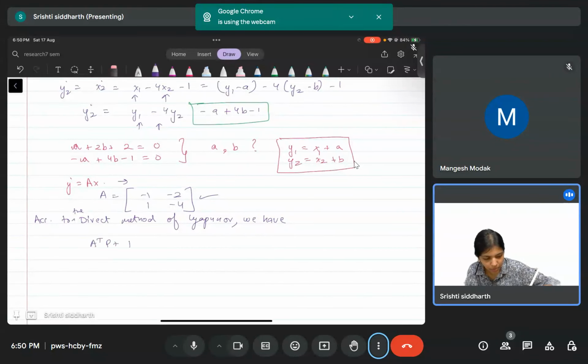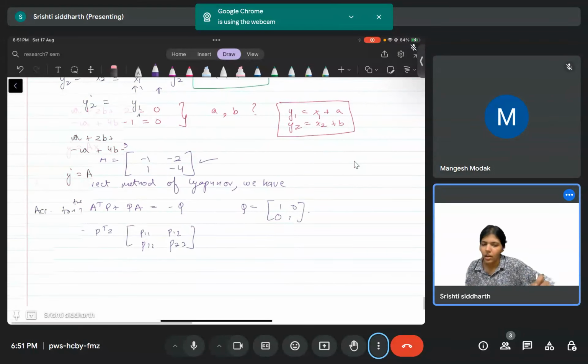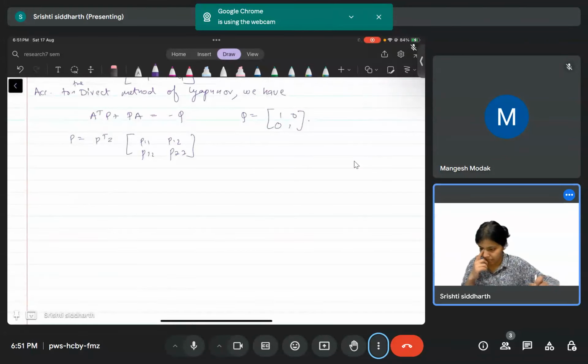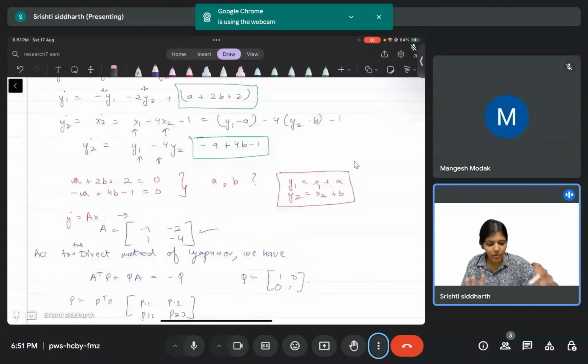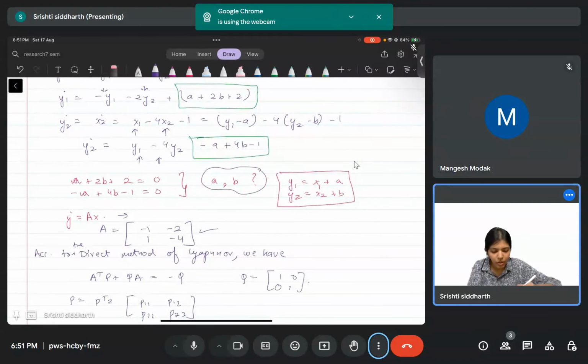A transpose P plus PA equals minus Q. Here, as before, we are considering the identity. And now by substitution of this P, we comment on the stability of the system. Okay. So this asymptotic stability is only valid for the values of a and b obtained by satisfying these two equations. Okay.